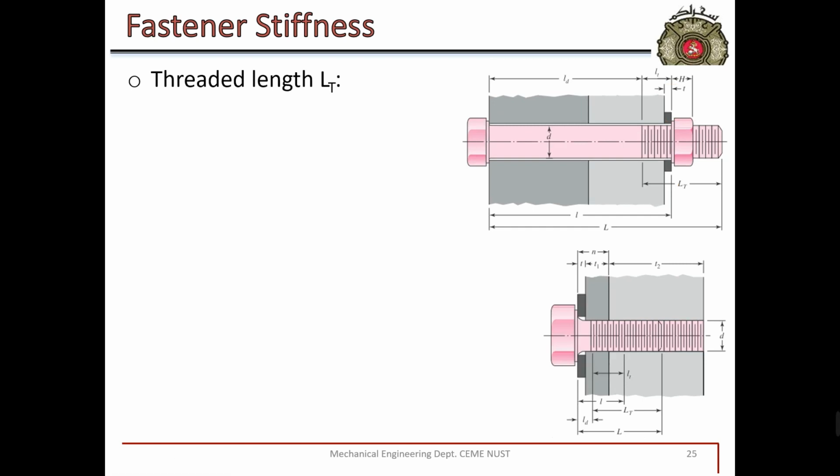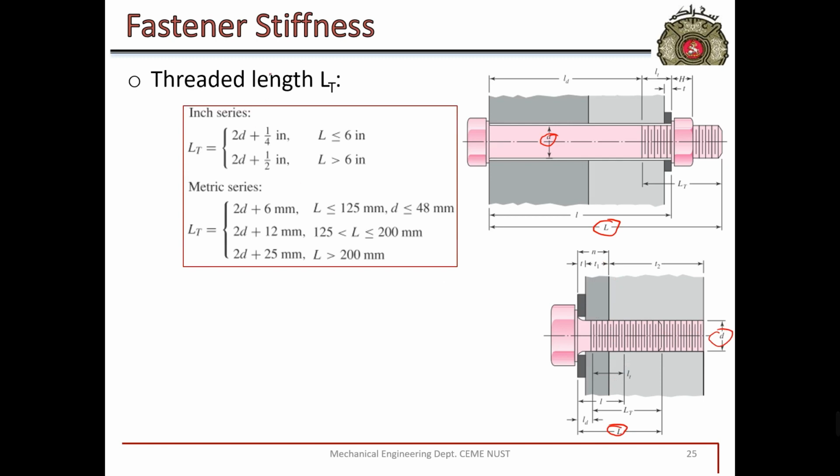Once we have the total length of bolt and the diameter of bolt, which is given here, we can calculate LT. What is LT? LT is the length of the thread portion. Out of this total length L, how much should be LT?